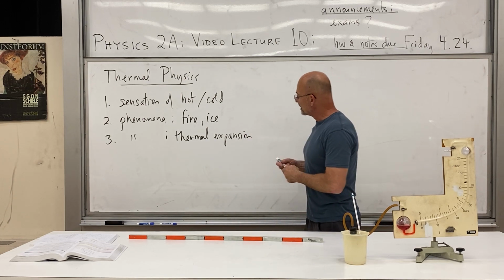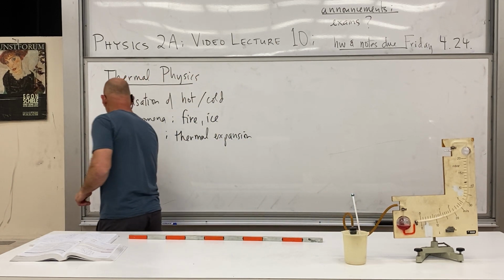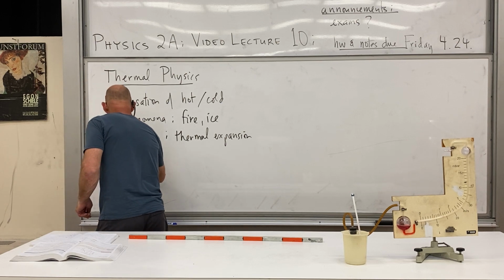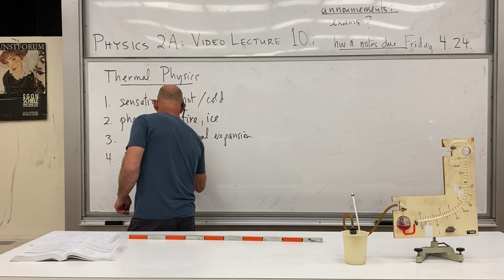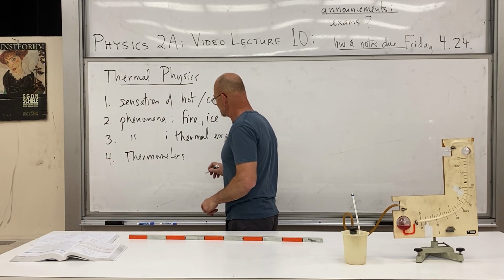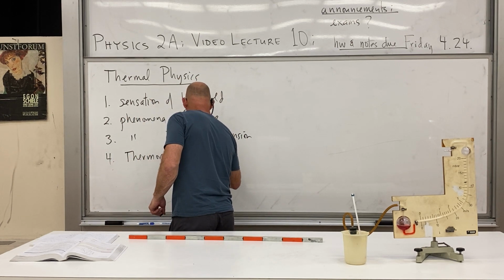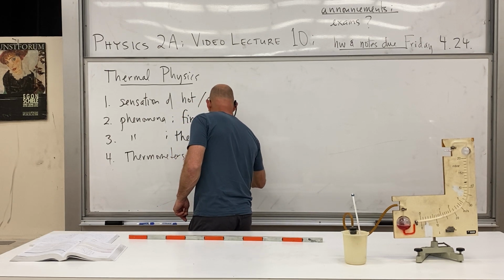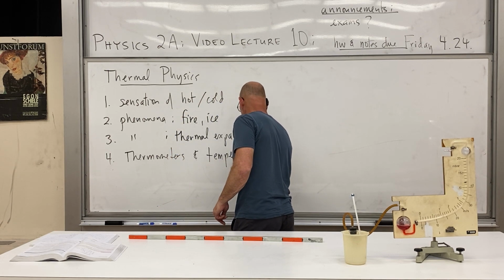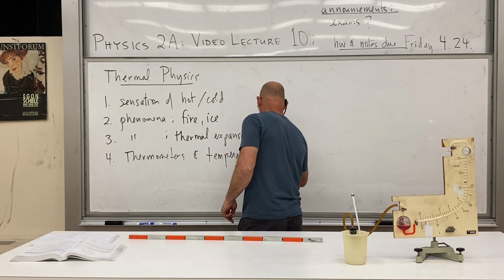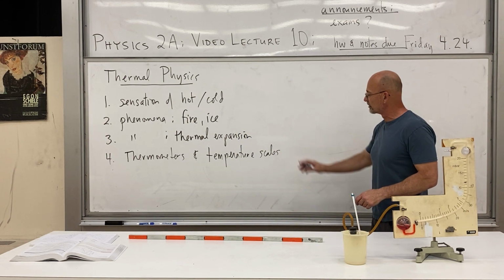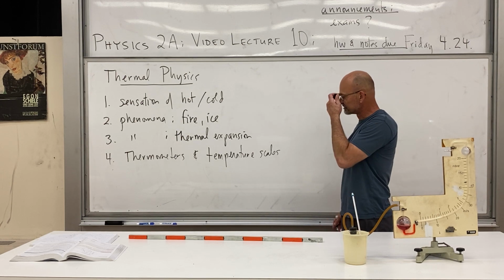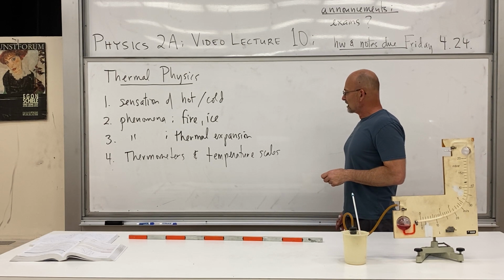So we have thermal expansion, and then in our list here, we get thermometers that make use of thermal expansion. And having a thermometer, we can then invent a temperature scale. There's more than one temperature scale, so I put the plural, temperature scales.